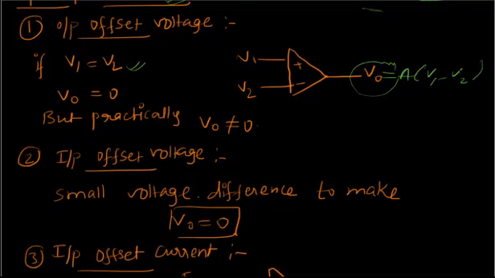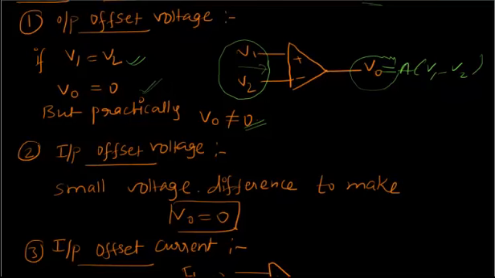According to this, when both inputs are equal, the output should ideally be 0. But practically it is not equal to 0 because some small potential difference exists between these two terminals. This small output voltage that exists when input is 0 is called output offset voltage.